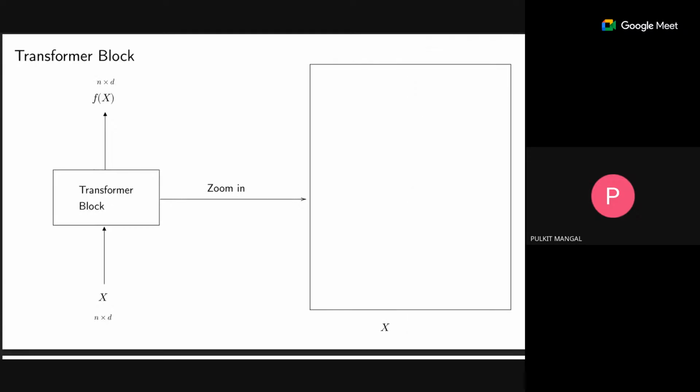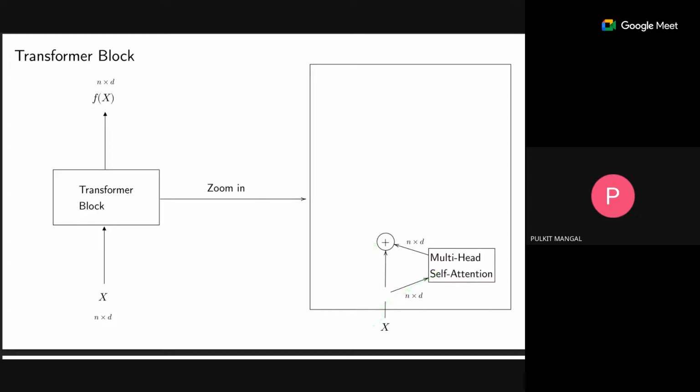So let's now zoom into the transformer blocks that we have. Now in the transformer block, look that the input that will be fed to one transformer block will be of shape n cross t. Output of the transformer block will also be n cross t. Now for each of our matrix X that we pass to the transformer block, there will be two ways that we move this matrix.